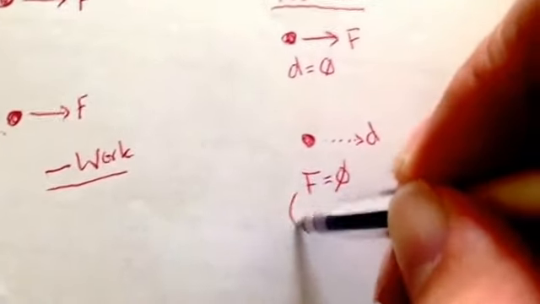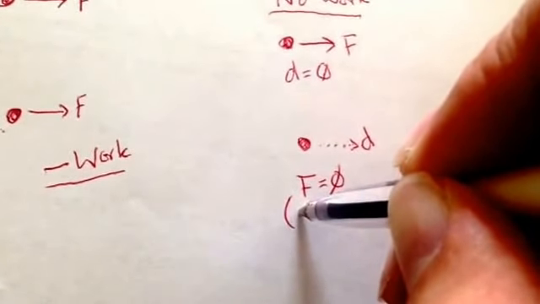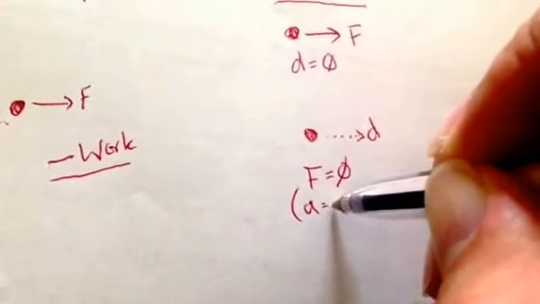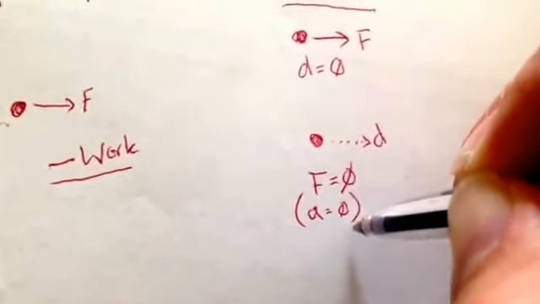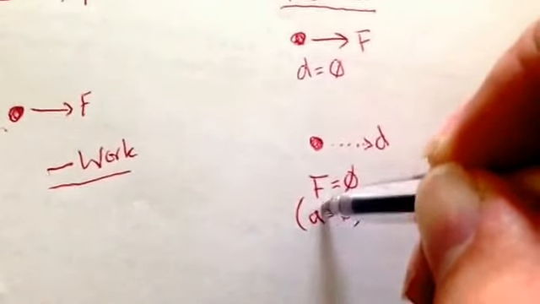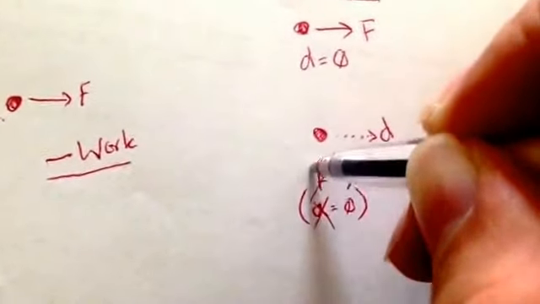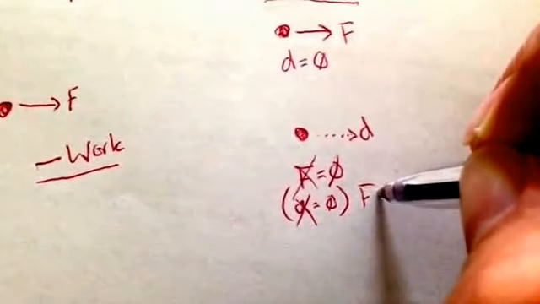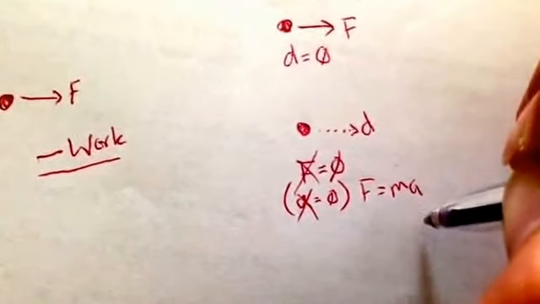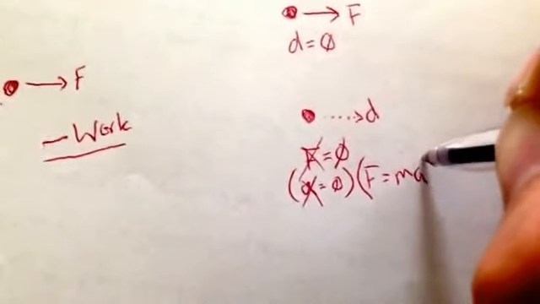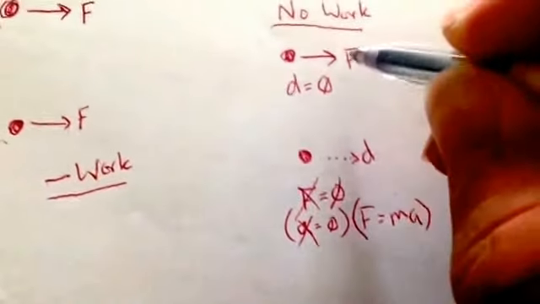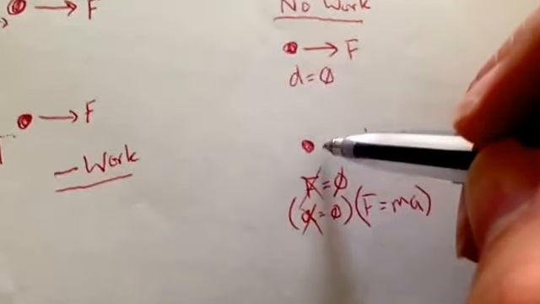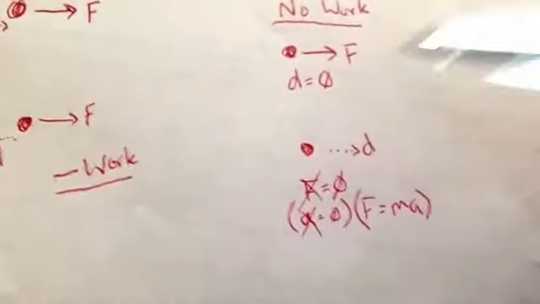It could be moving at constant velocity. If it's constant velocity, there's no acceleration. And if there's no acceleration, then there's no force. Because remember, force equals mass times acceleration. This is a previous lesson. So these two examples have no work because this one has a force with no distance. This one has a distance but no force.